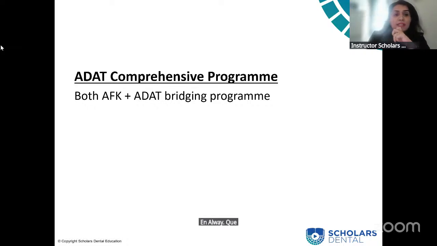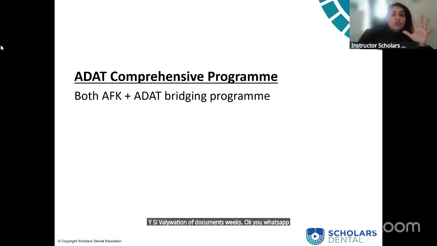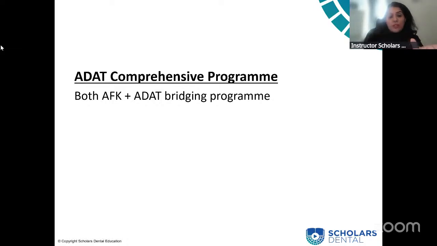Can creating DentPin, ECE evaluation, and approval from ADAT all be done before March? Okay, DentPin you can create in 1 day. ECE evaluation, if you send your documents, would require 2 to 3 weeks. So you would need 2 to 4 weeks right now to complete these documentations, and once you have, you can apply for ADAT.